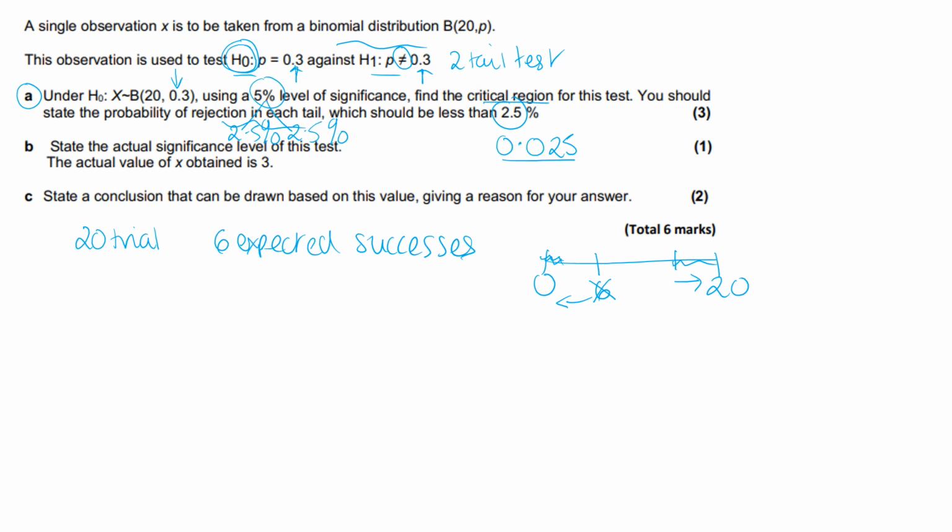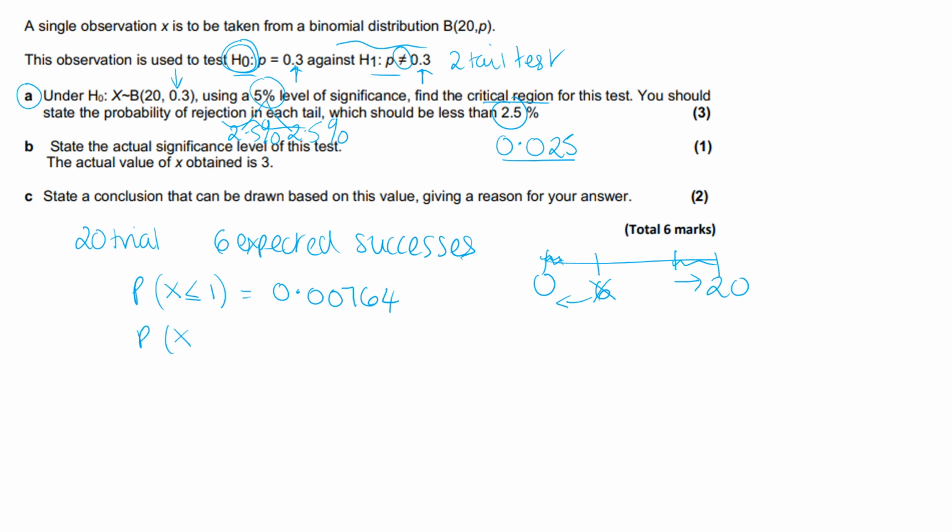So in tables or on your calculator, if you do just a bit of trial and error or looking down the tables, you'll see that the probability that x is less than or equal to 1 is equal to 0.00764, and the probability of x being less than or equal to 2 goes above the 2.5%, so this is going to be our critical region.